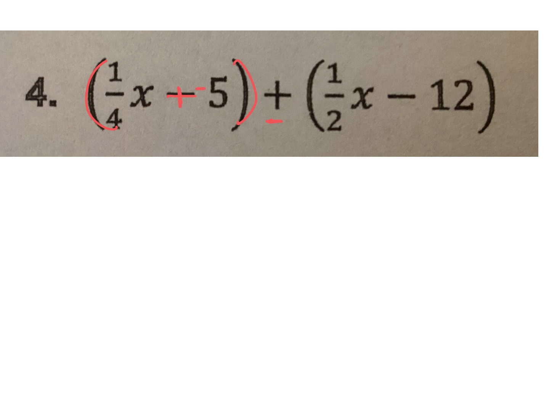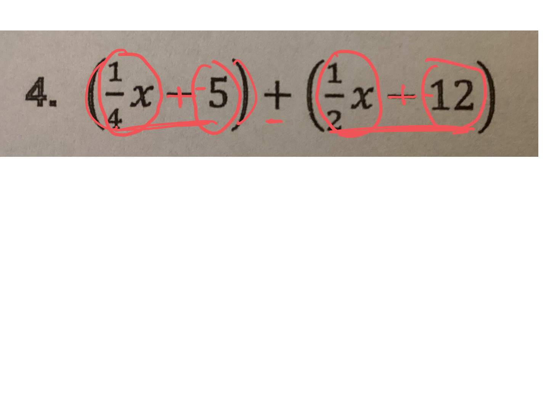And 1/2 x, I'm going to change that to plus a negative 12. Now, I can't put those together, and I can't put those together. So, I have my terms: 1/4 x, negative 5, 1/2 x, and a negative 12.